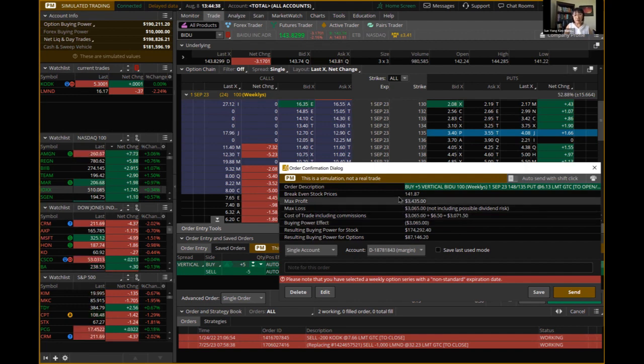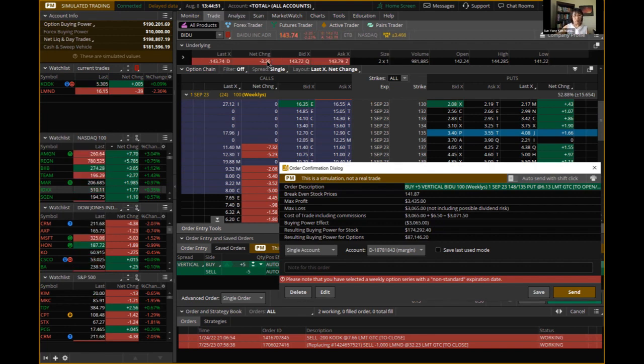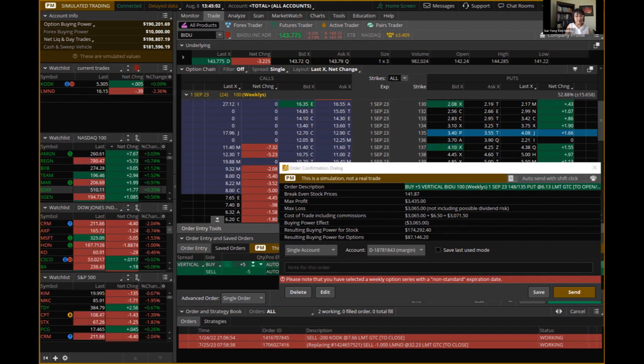Now, break even stock price is 141.87 and current market is 143.82. So I would say that's about $2 difference or so. Or if you want, you could take a look at the calculator here and do the math instead of what I do the old school way.